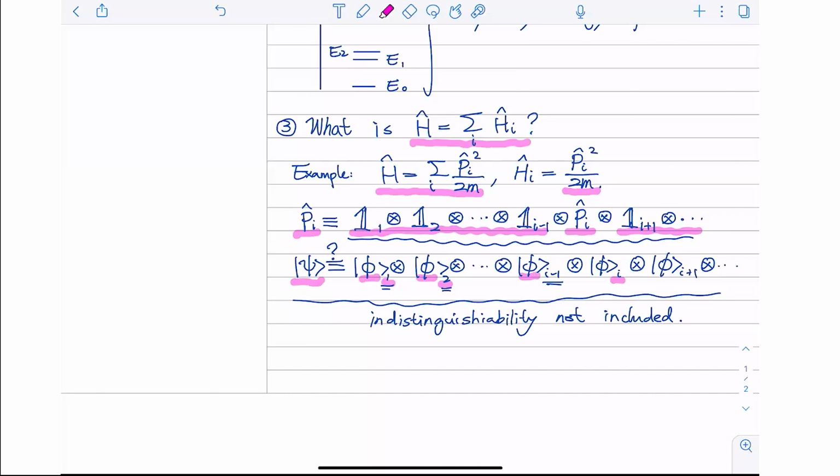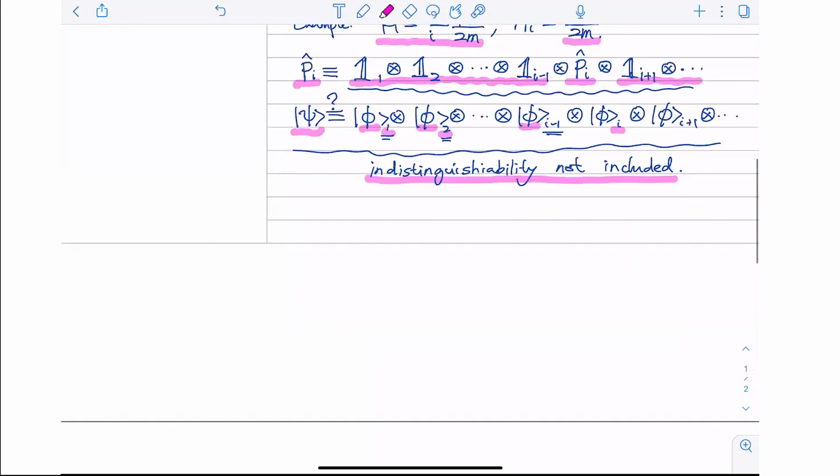It is very tempting to do so, but the problem is that when we try to write down the wave function in this way, one of the questions is how to include the indistinguishability of our system. That's the question that we are trying to answer.